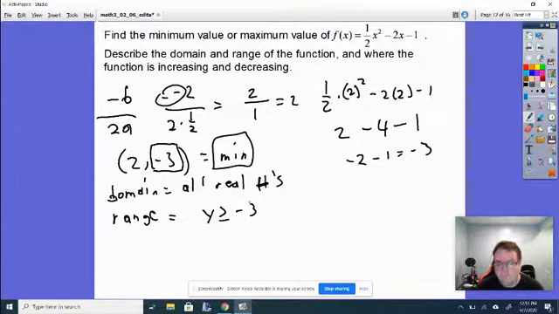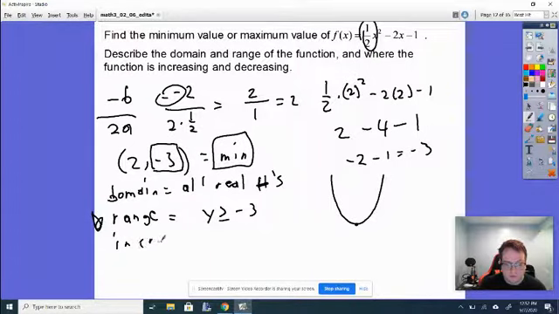Now again, this parabola here goes like this. It opens up because a is positive. My vertex is here. The only time you describe things in terms of y is range. It's the only time. Minimum or increasing, decreasing is always described in terms of x.